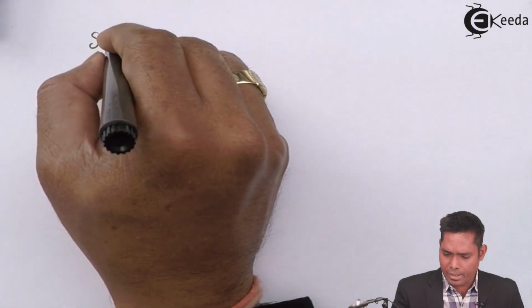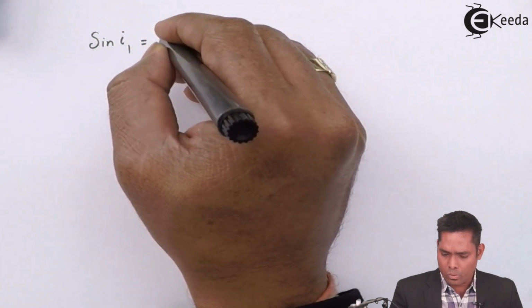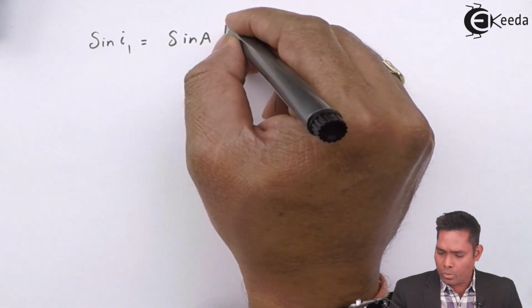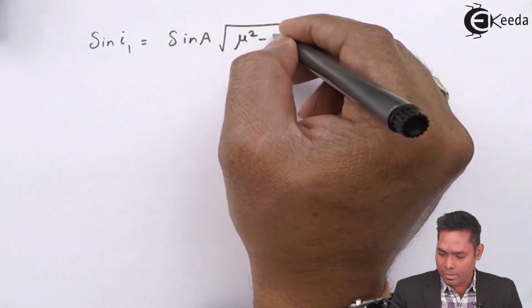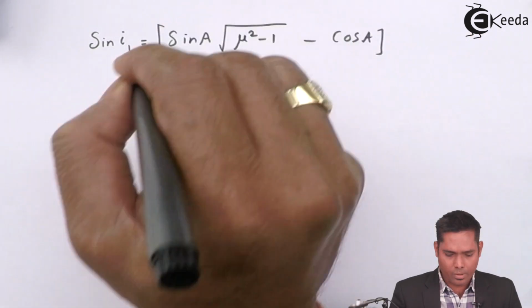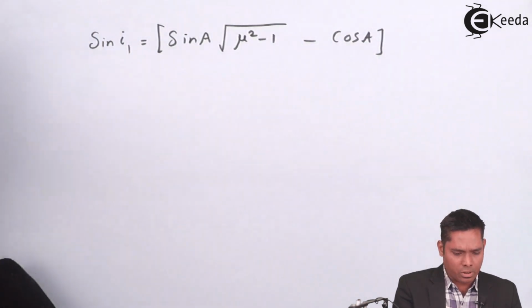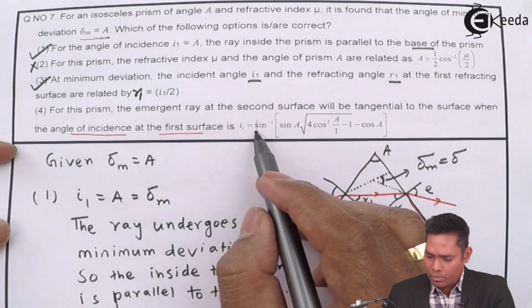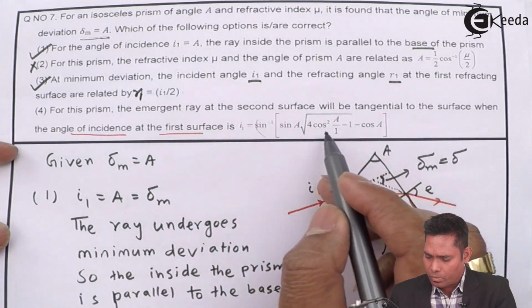Now finally we are getting sine of I1 equals sine of A under root of mu square minus 1 minus cos of A. If I see the option, it says that I1 should be sine inverse of this value.